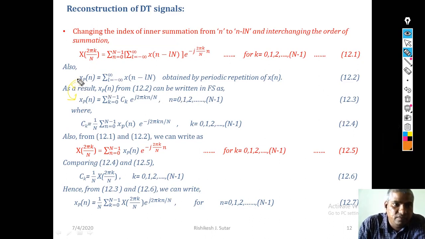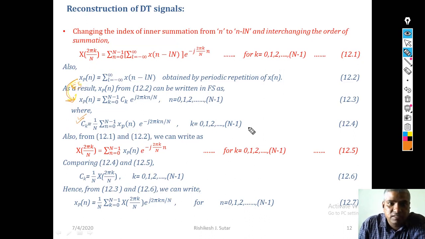So if I write it in terms of Fourier series form, what you will get is xp of n is equal to summation k runs from 0 to N minus 1, ck e raised to j 2 pi k n by N, n runs from 0 to N minus 1. Where again, if it is Fourier series, I can write down the expression for ck as 1 by N summation xp of n e raised to minus j 2 pi k n by capital N, k runs from 0 to N minus 1.